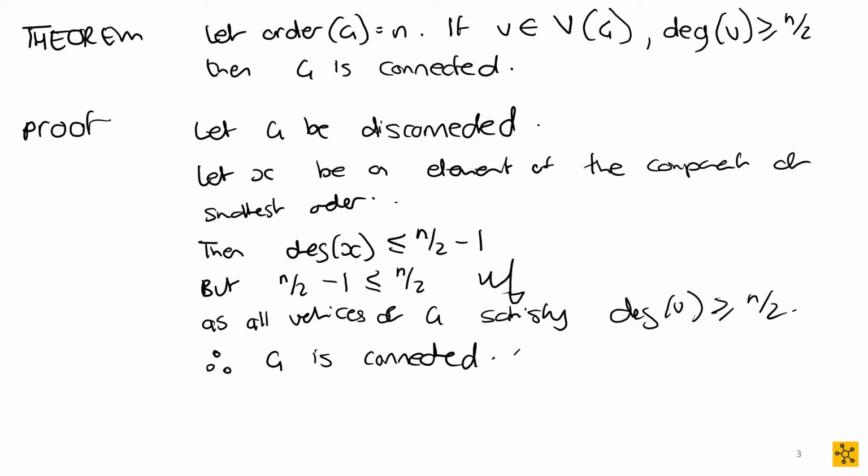Then we assume that G is disconnected, and we use our previous information: if we have a disconnected graph, the degrees of the vertices in the smallest component must be less than or equal to n over 2 minus 1. We utilize that to create a contradiction. Then we say, okay, there's a contradiction, therefore our assumption is incorrect and G is connected.